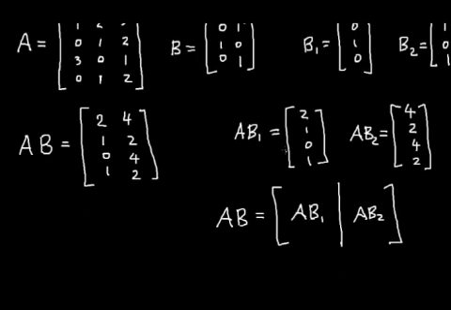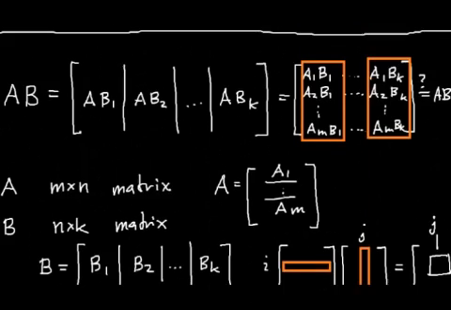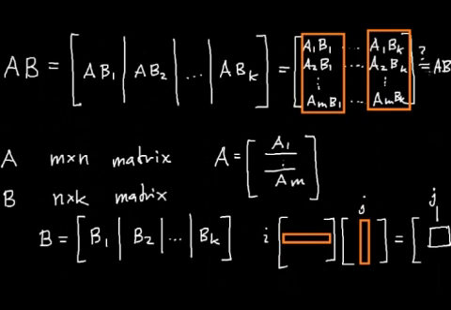Indeed, AB1 matches with the first column of AB, and AB2 matches with the second column of AB. And in exactly the same manner, if you want to, on an example, you can confirm that we've got AB also represented in this way, where we break up the columns further down into rows.